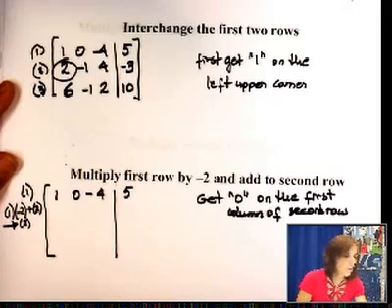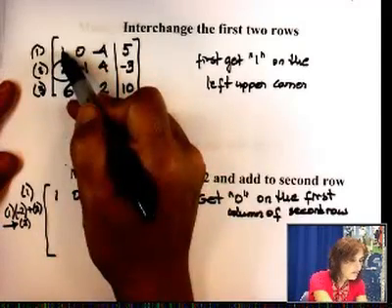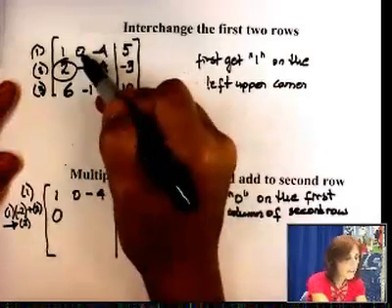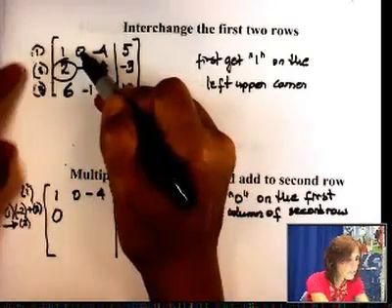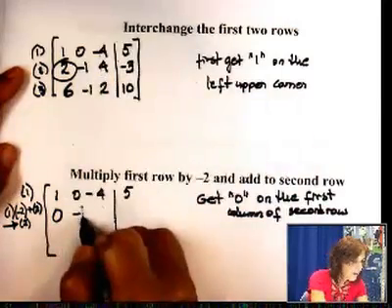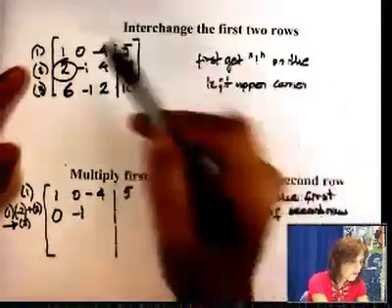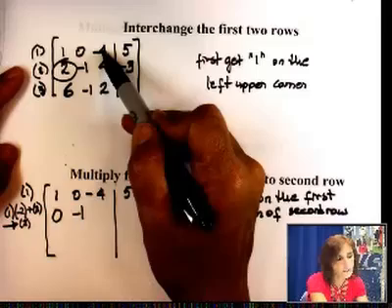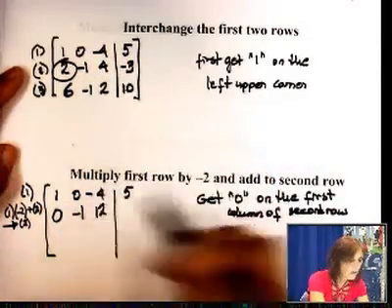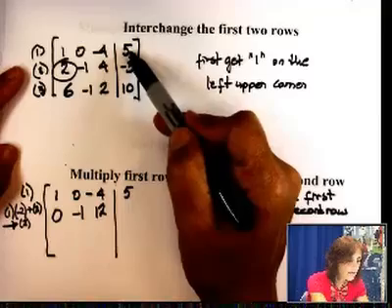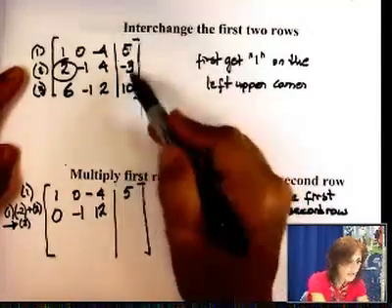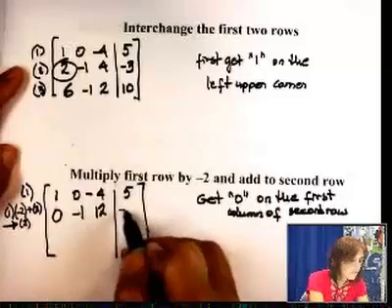All right, what does that do? 1 times -2 plus 2, that's 0. 0 times -2, that's 0, plus that, that's -1. And this one is -2 times -4, that's +8, plus 4, 12. This one, -2 times 5, that's -10, minus 3, -13.